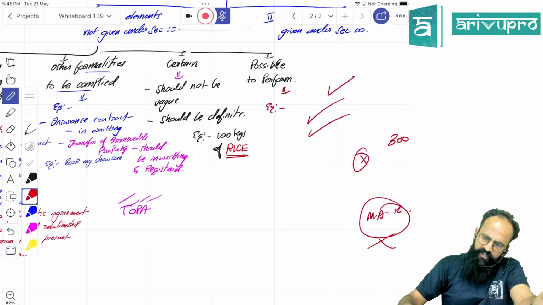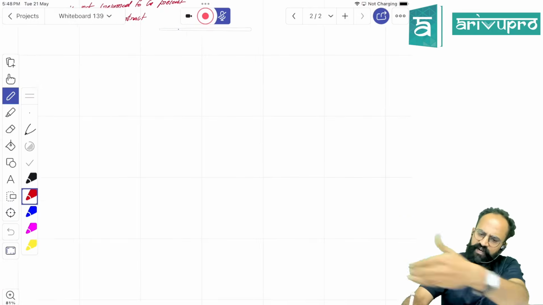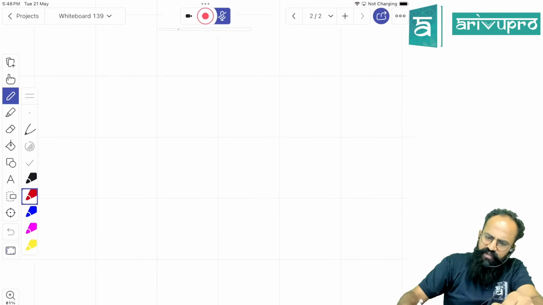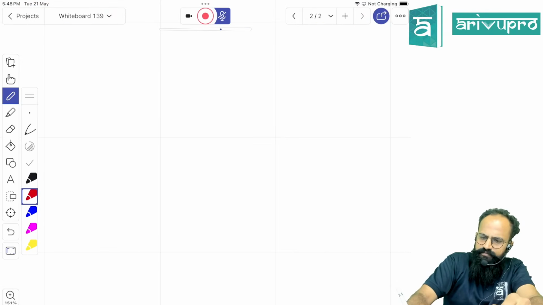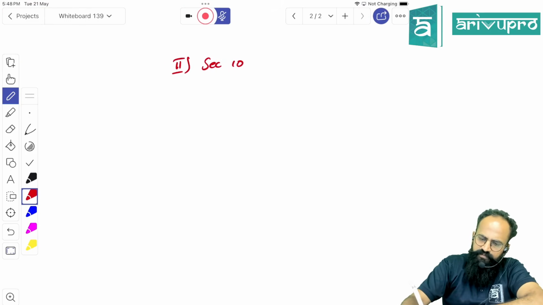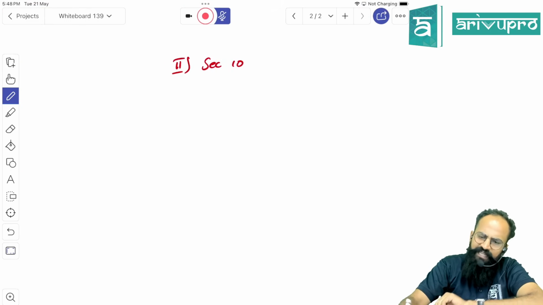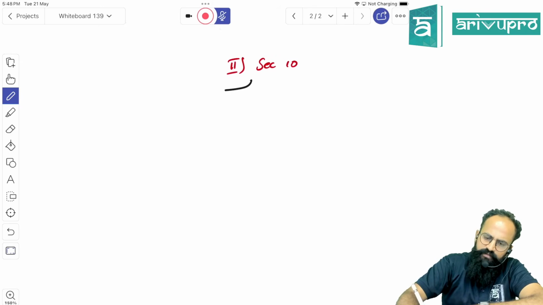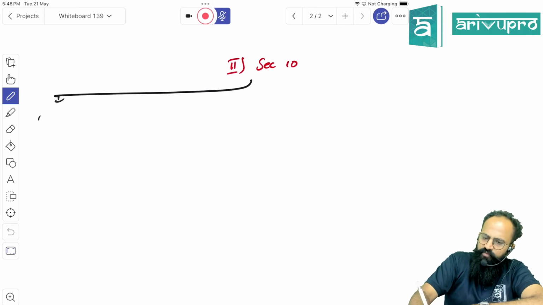Possible to perform. Next one, write down the essential elements which are given under section 10. I'll be writing 6. Plan your page accordingly. First one is offer and acceptance.